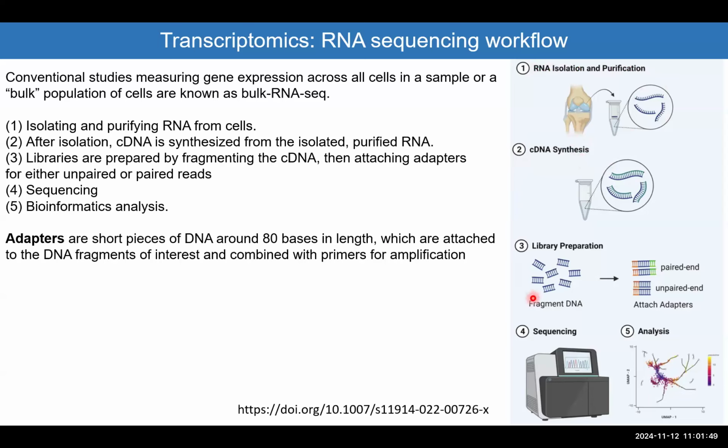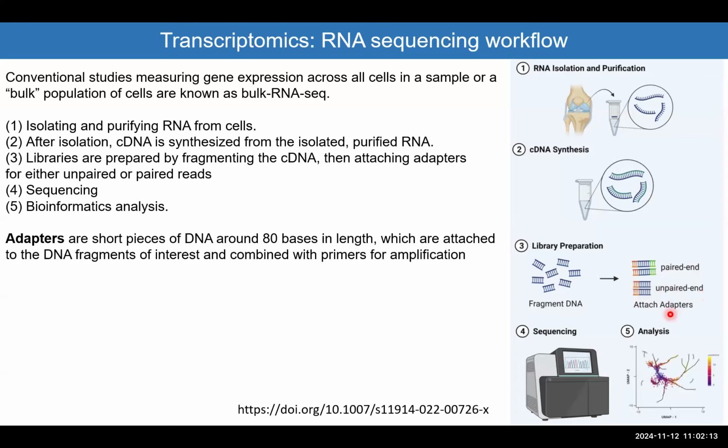But when you are preparing the library of the RNA fragments, which I said are going to be fragmented into 50 to 300 base pairs, you can choose either to tag both ends of the cDNA, which is called paired end, or to tag only one side of it, which is unpaired end.